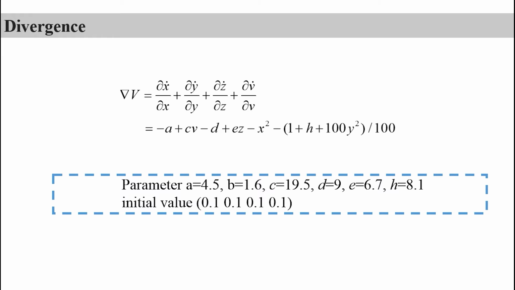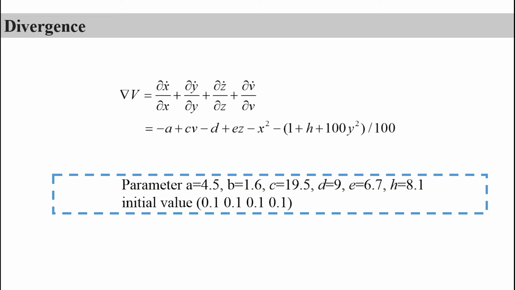When T approaches infinity, the parameters are A is 4.5, B is 1.6, C is 19.5, D is 9, E is 6.7, H is 8.1.